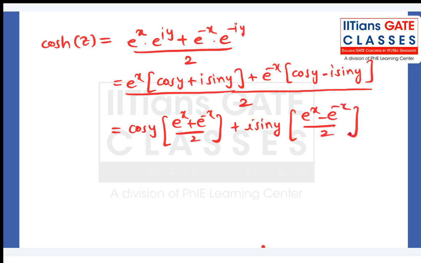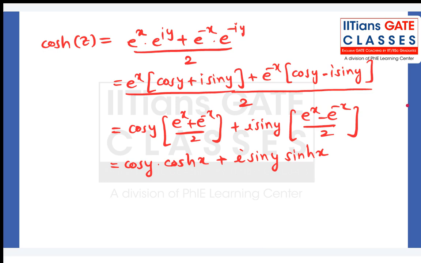So cos y into cos hyperbolic x plus i sin y into sin hyperbolic x. This is actually an identity of hyperbolic functions, but we don't study these things. Not required, because these type of questions were not asked in the GATE exams before.